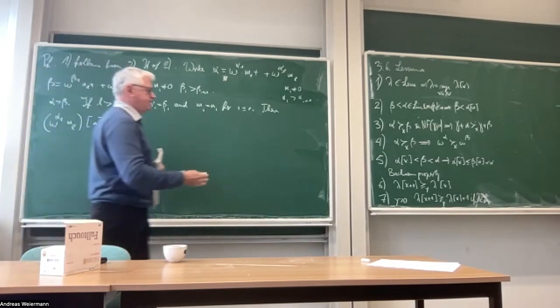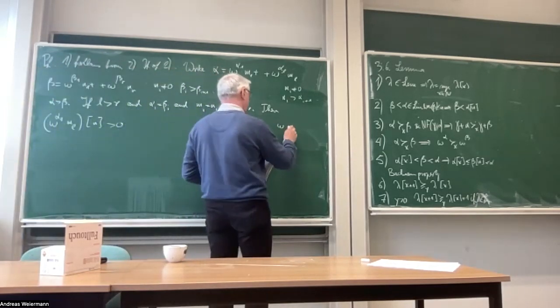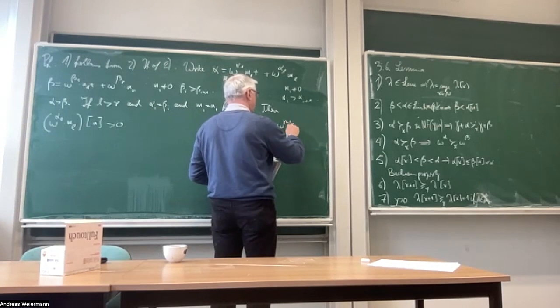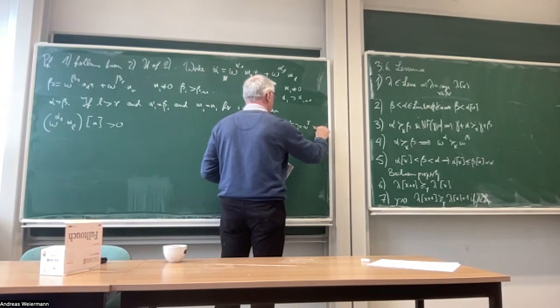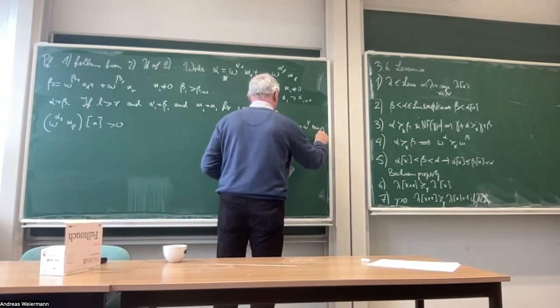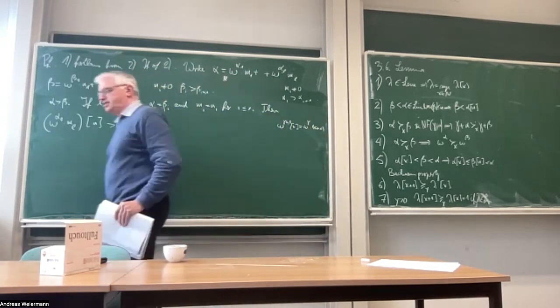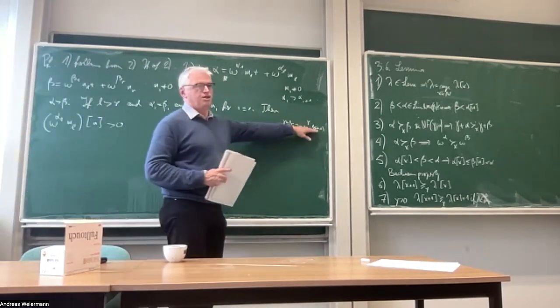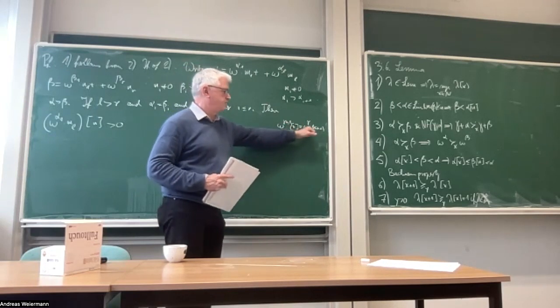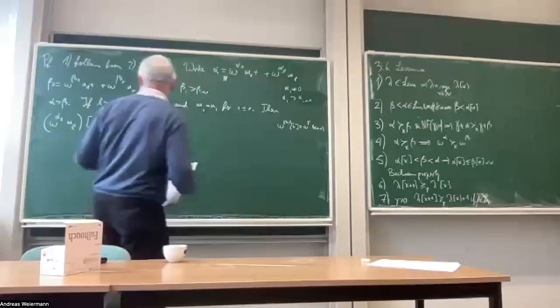And the reason for this is we have written omega to the gamma plus 1 of x is omega to the gamma times x plus 1. Now you see it's plus 1. Plus 1 is important to guarantee that fundamental sequences don't hit zero. Otherwise, it could be zero over here. That is not the case.